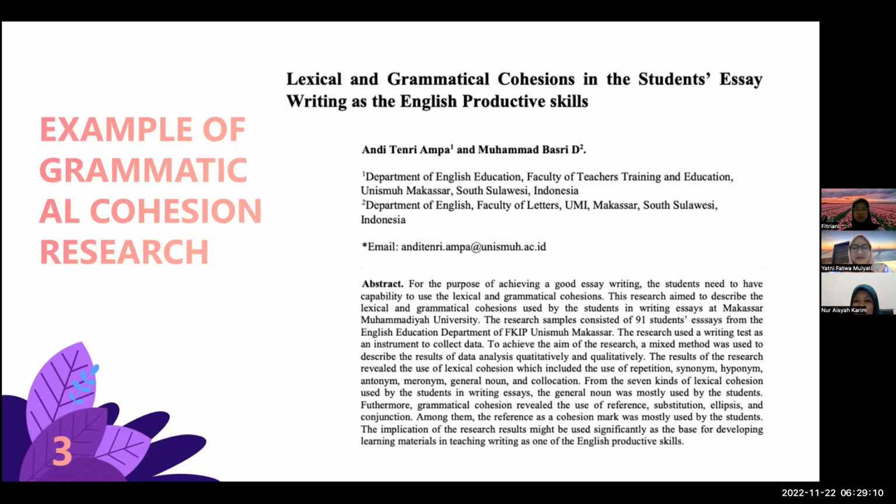Okay, the last example is the lexical and grammatical cohesion in students' essay writing as an English productive skill. This last example is different from the other two because the researchers focus on two aspects: lexical and grammatical cohesion. But because we are focused on grammatical cohesion, we will describe more about the grammatical cohesion.